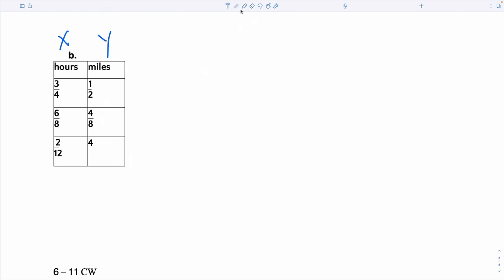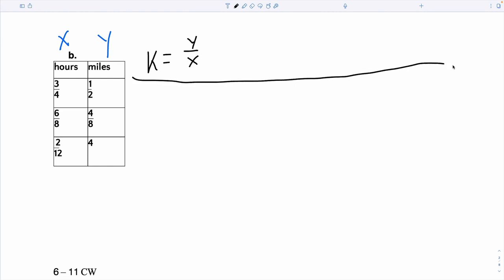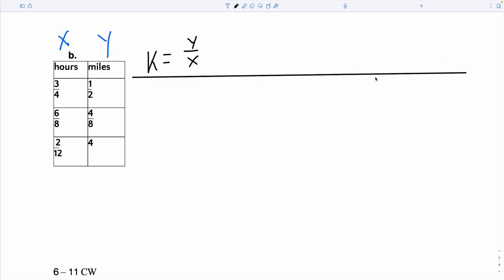Let's check for the constant. K should equal Y/X. Set this up for me, Katie. What's my first ratio? Good. Divide. Tell me your constants. 1/2.